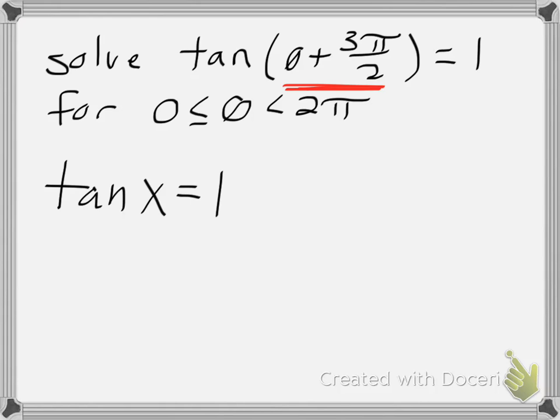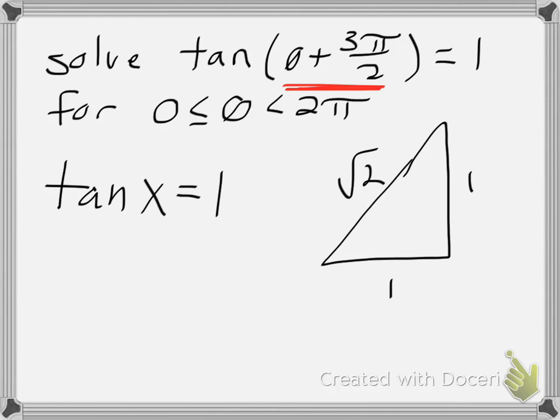For that I need to refer to either my 30, 60, 90 or my 45, 45 right triangles. And of the two of them, my 45, 45 right is going to be most appropriate, because I could take tangent of 45 degrees and get 1 over 1, so 1. This means that I'm using the radian measure of pi over 4.